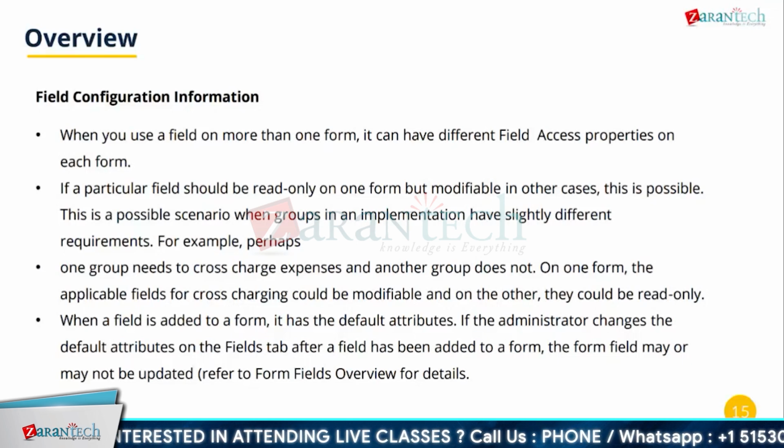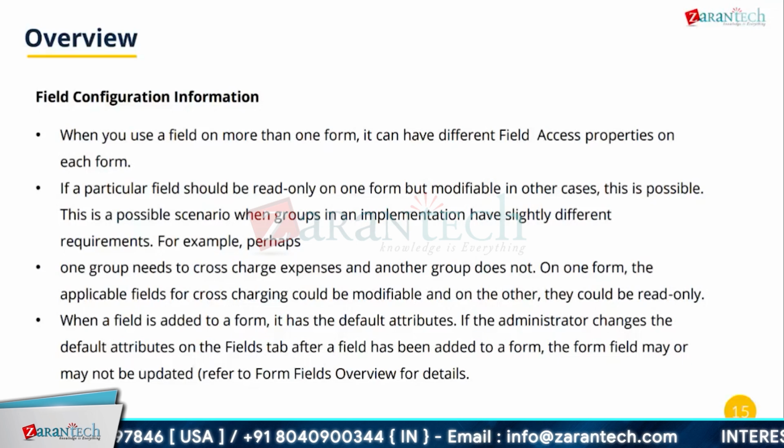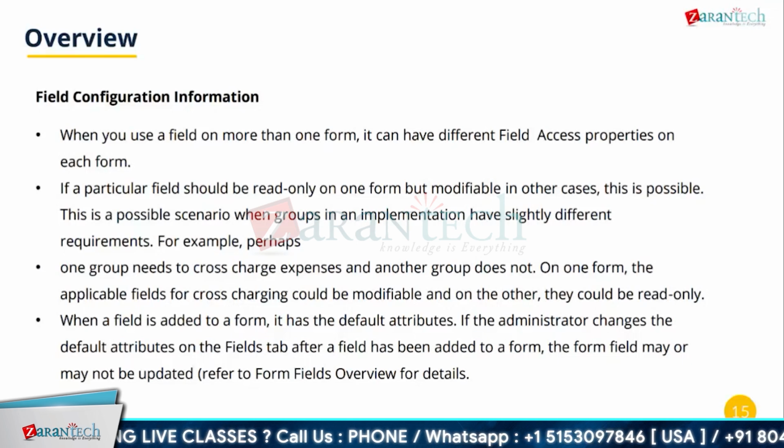This is a possible scenario when groups in an implementation have slightly different requirements. For example, perhaps one group needs to cross charge expenses and another group does not. On one form, the applicable fields for cross charging could be modifiable, and on the other they could be read only.